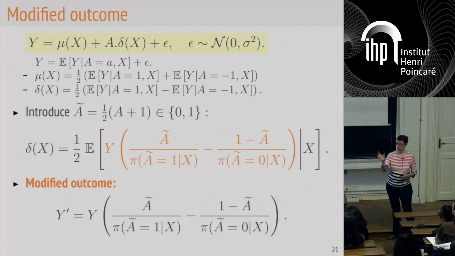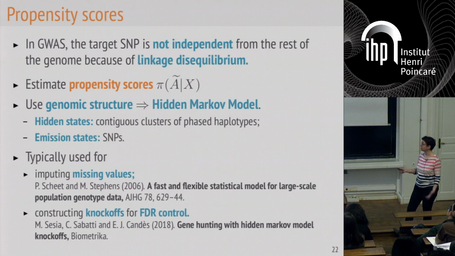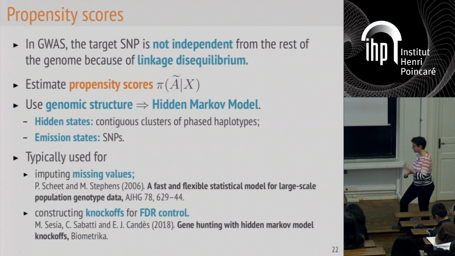And so you have chunks of chromosomes that are inherited together, and all the variables on those chunks are very strongly correlated. And even between those chunks, there are correlations. So you cannot say that there's independence between those variables. So unlike Tian et al., in the clinical trial setting, we cannot get rid of those terms. So we need to estimate them. They're called propensity scores.